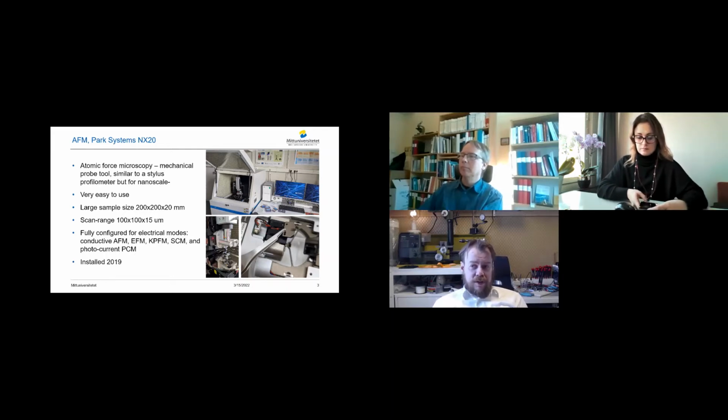AFM is known to be tricky, but this machine is very easy and user-friendly. And part of that user friendliness is the very easy change of these scanning tips, because they are pre-mounted in this system, and that makes it, for the novice user, very easy to change tips. This is a known problem in the field.